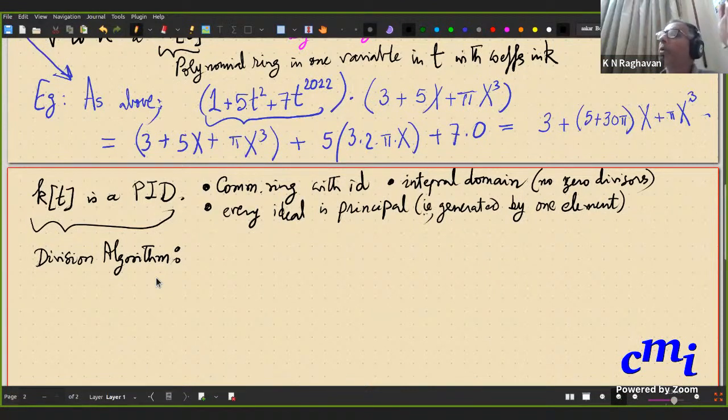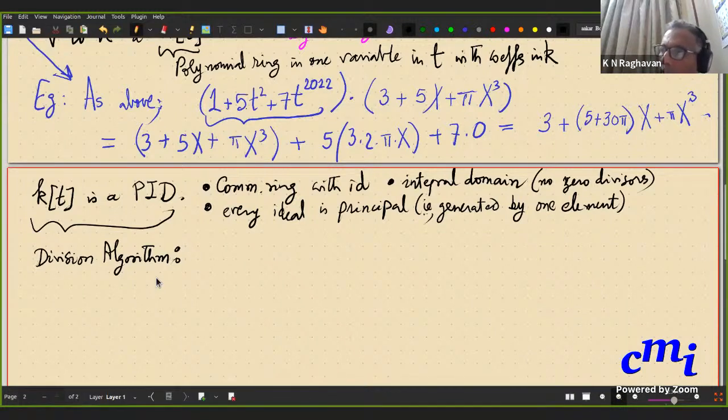That may require some proof, but at least intuitively, you cannot generate that ideal with a single generator. So PID is very special. The basic examples are the ring of integers and the polynomial ring in one variable.